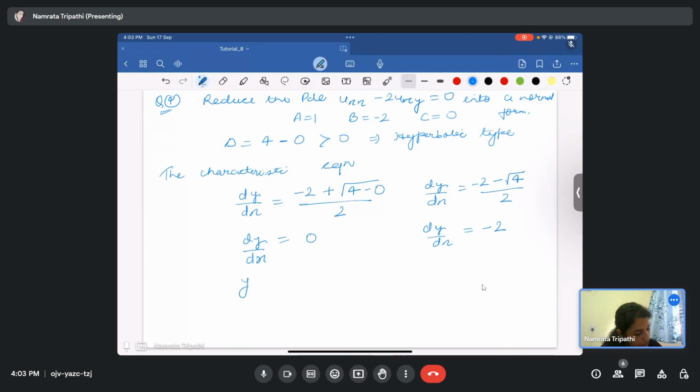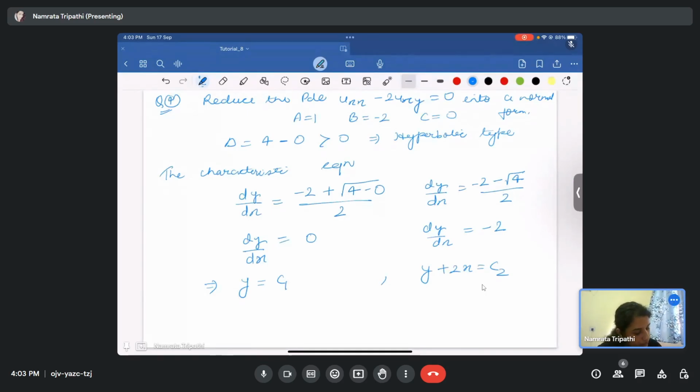After integrating you will get y is equal to constant, and from here you will get y plus 2x is equal to c2. These are the characteristic equations for the given partial differential equation.